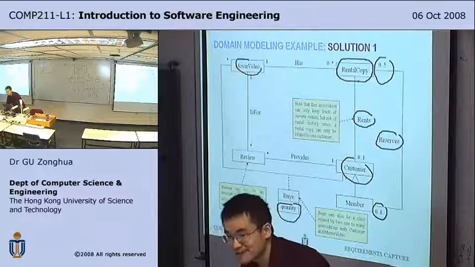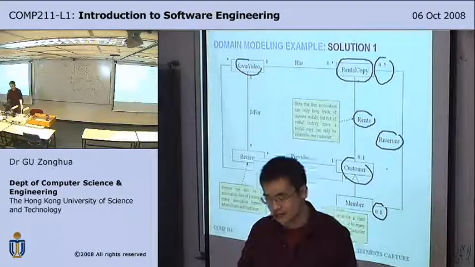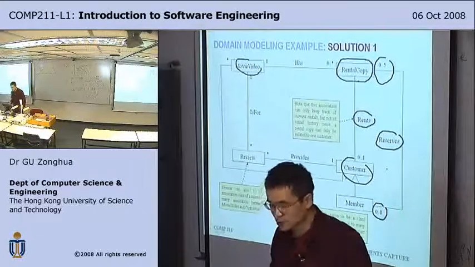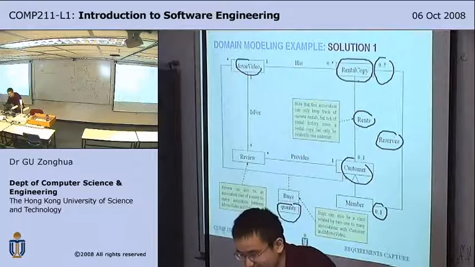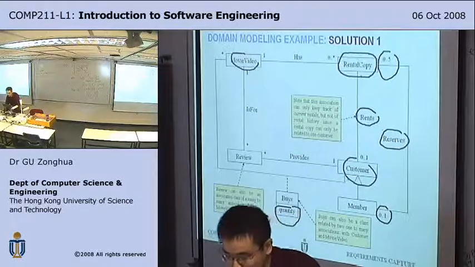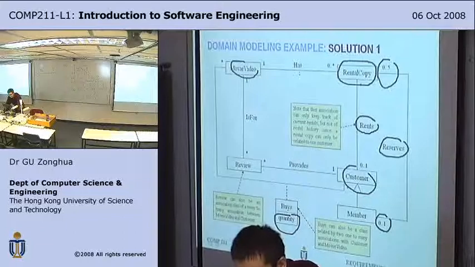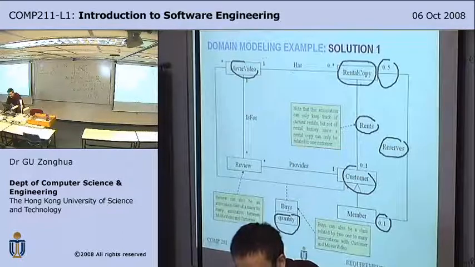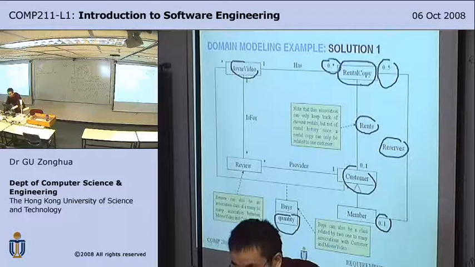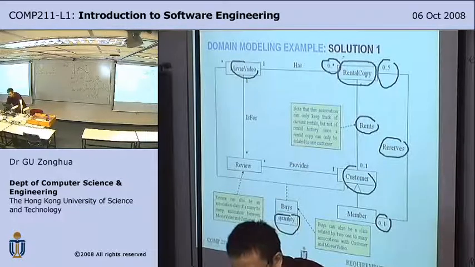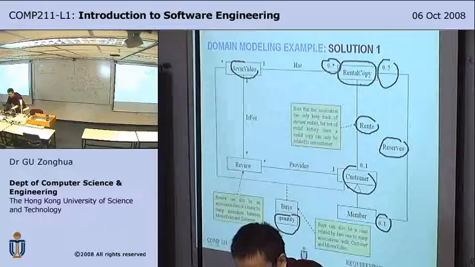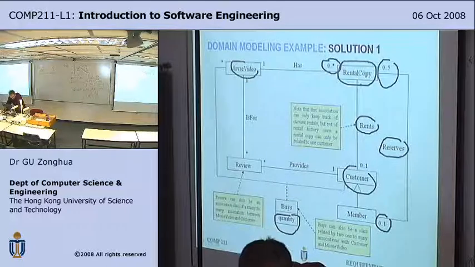It can be reserved by 0 members because no one is reserving it, but it cannot be reserved by more than 1 member at the same time. At any one time, it can only be reserved by 1 member. So a movie video has 0 to star rental copies. That is, if a video is rented out, then it has no copies.